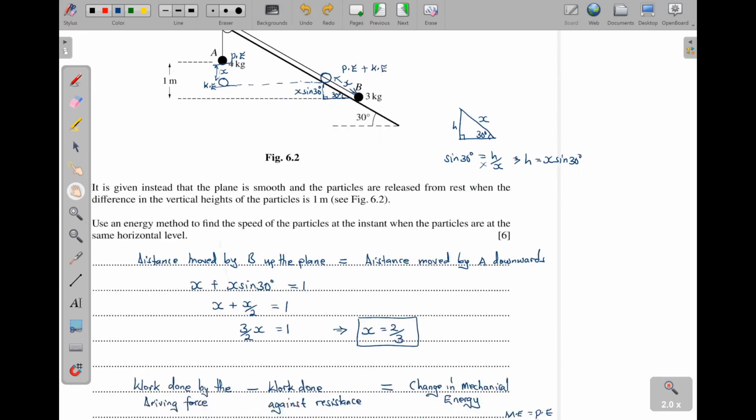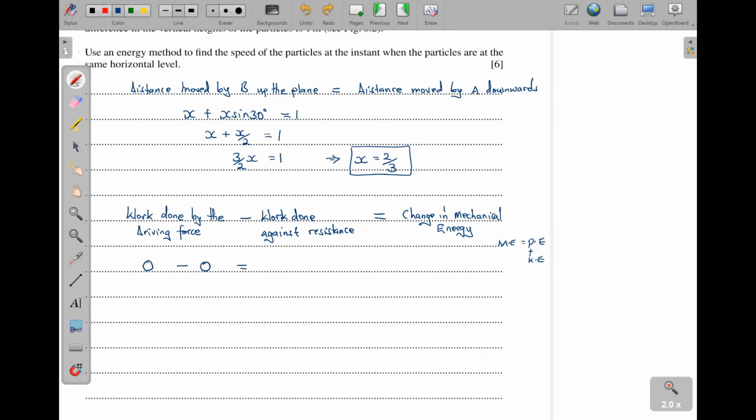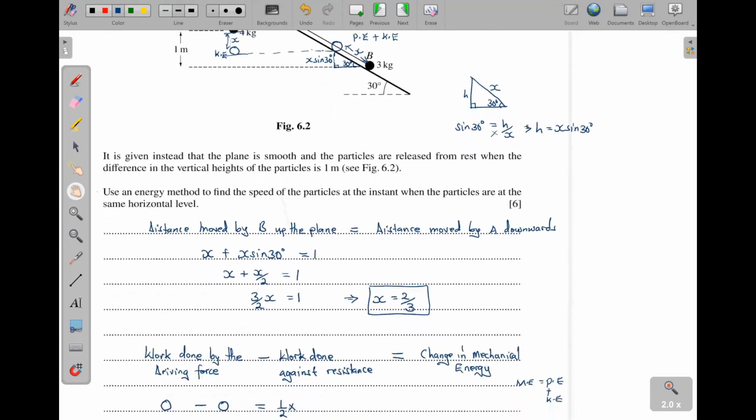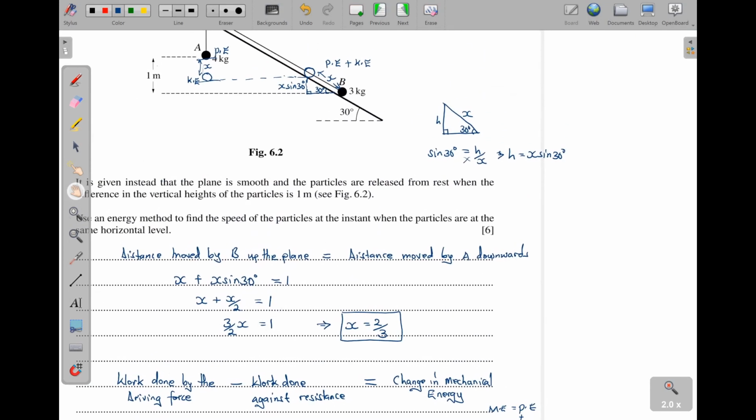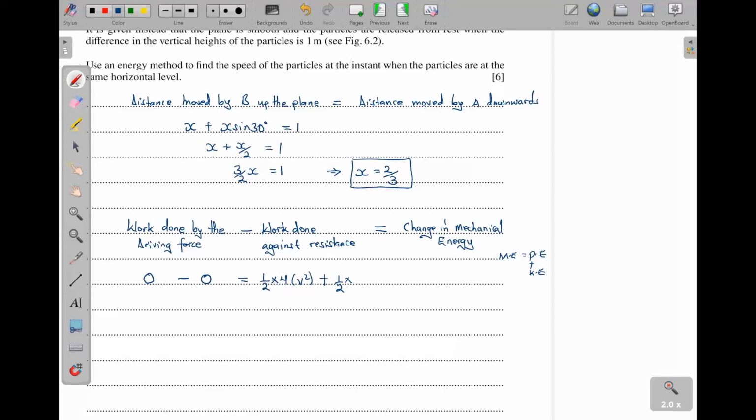So I'm going to write here the kinetic energy for A, it is a half times the mass of A. The mass of A is 4, times the velocity, which we don't know, because kinetic energy is a half mv squared, plus the kinetic energy for B, it is a half times the mass for B, which is 3, times v squared, then plus the potential energy for B.